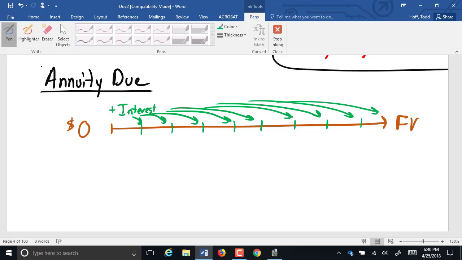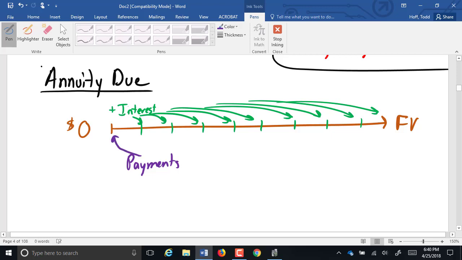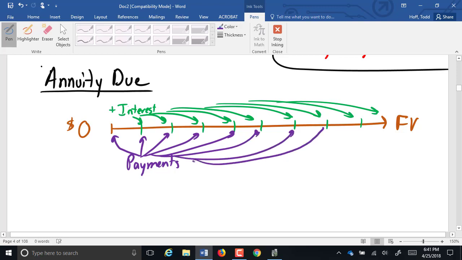The difference is your payments go in at the beginning of every period. So what that means is your last payment gets made at the beginning of that last period.